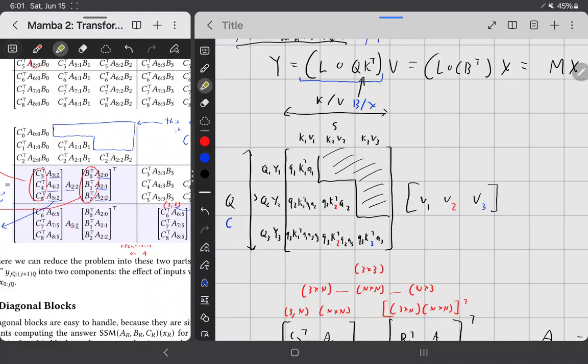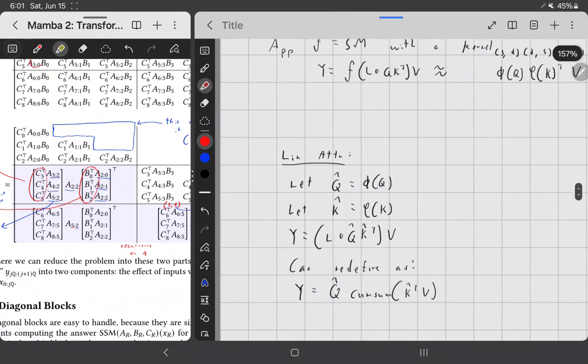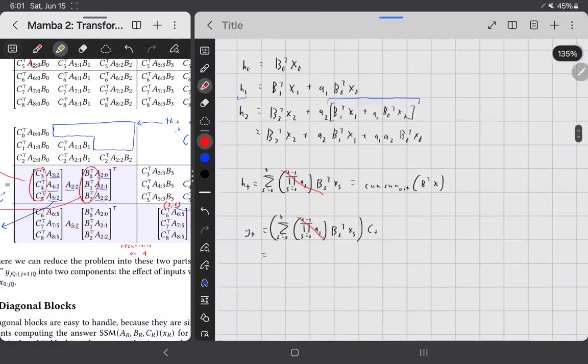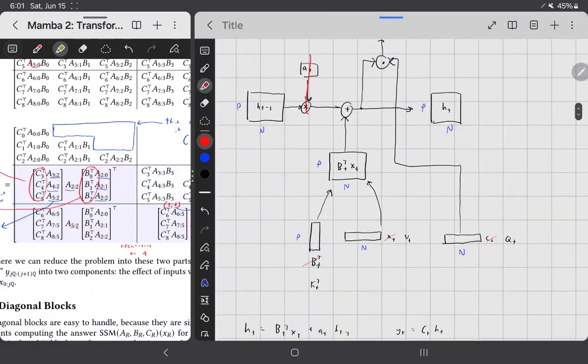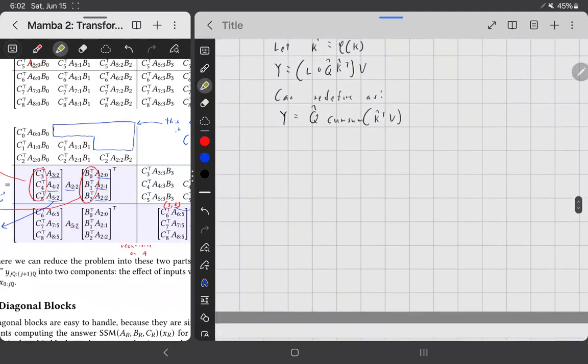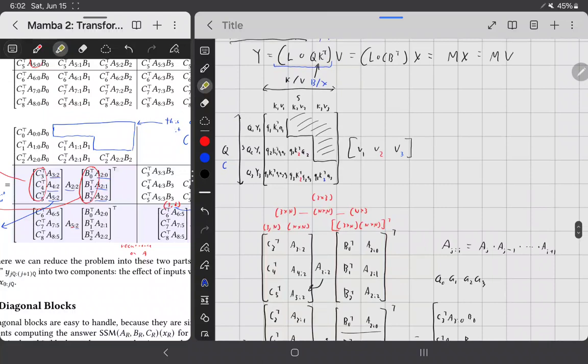The idea is we're going to have a recurrence where the keys and values basically add on top of each other. That's because we've defined the recurrent neural network up here in terms of the keys and values, or in terms of B and X. So we're going to have a recurrence on B and X, or on the keys and the values.